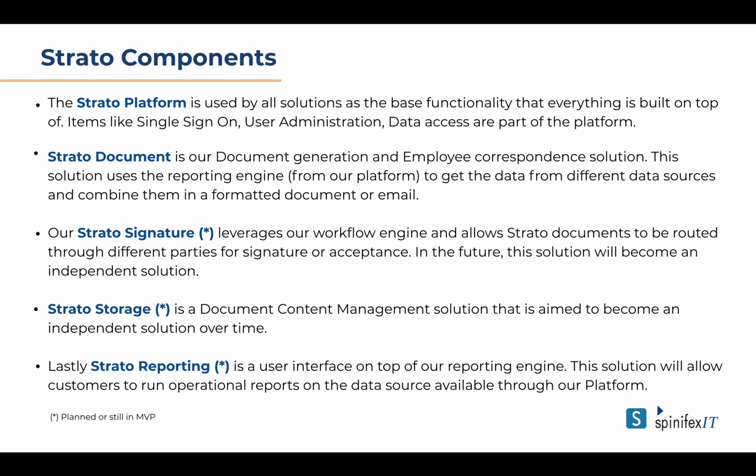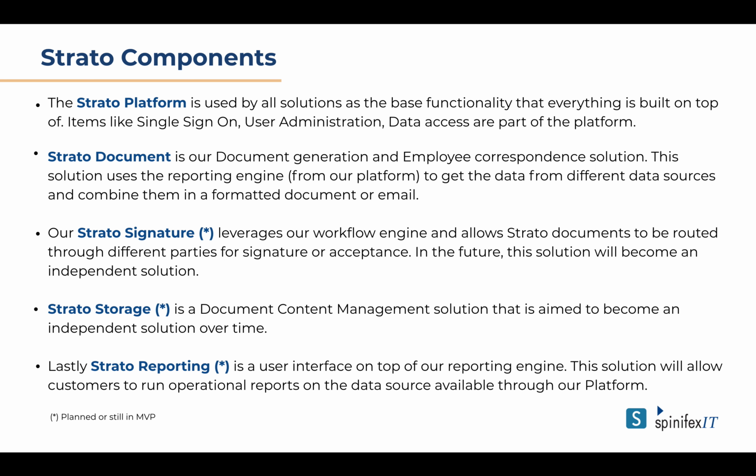is called reporting engine. Once you get the data, of course, you want to format them as an email or a document. That's where Strato Documents comes into play. Strato Documents is built on top of Strato Platform and generates all the documents from there. Next to that, we have our Strato Signature.